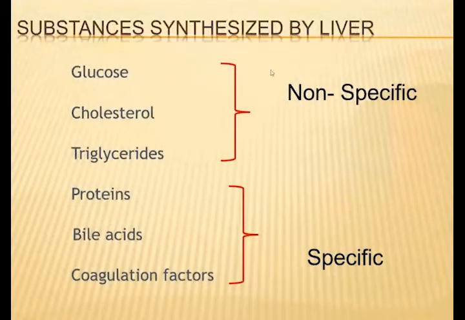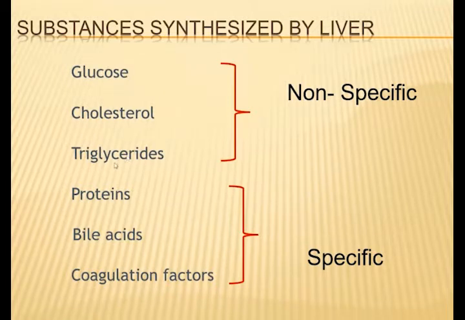Then what are the substances synthesized by the liver? I told you a lot of synthesis takes place in the liver. They are non-specific and specific. Non-specific items produced by the liver are glucose, cholesterol and TGL. Directly they won't be producing them, but indirectly, as a by-product, they will.